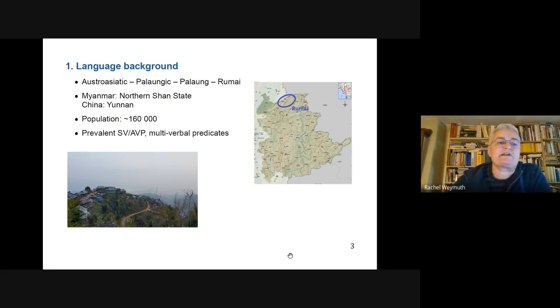There is a population of about 160,000. Rumai has prevalent SV and AVP constituent order, and there are also multiverbal predicates. In the picture, you see a typical village on the ridges in northern Shan State.